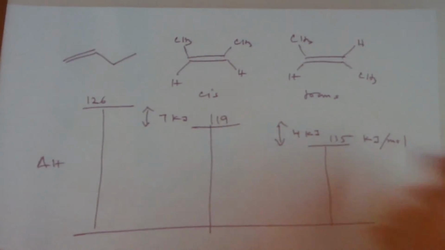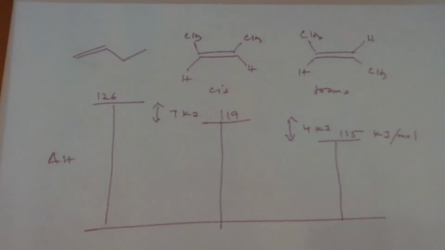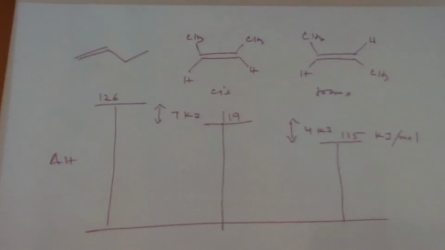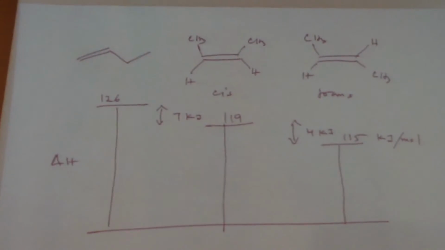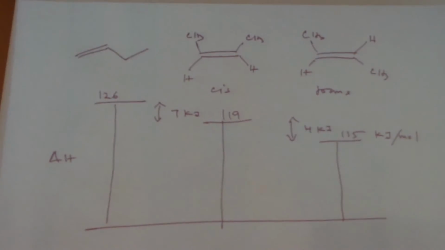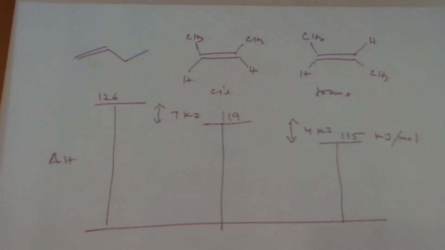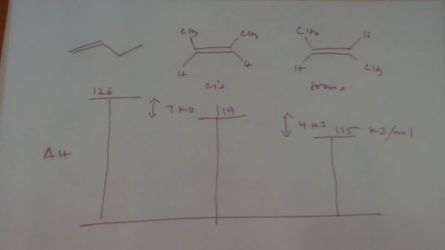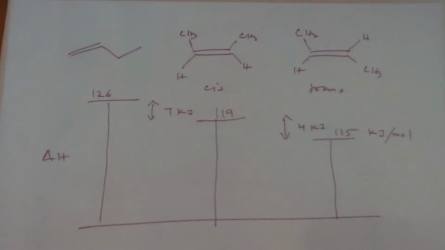So they reflect their stability, and therefore we can compare stability using the various heats of hydrogenation of different molecules. And there is actually a table that gives you some of these numbers, and you'll see they all make sense in terms of which one would be more stable than another one.